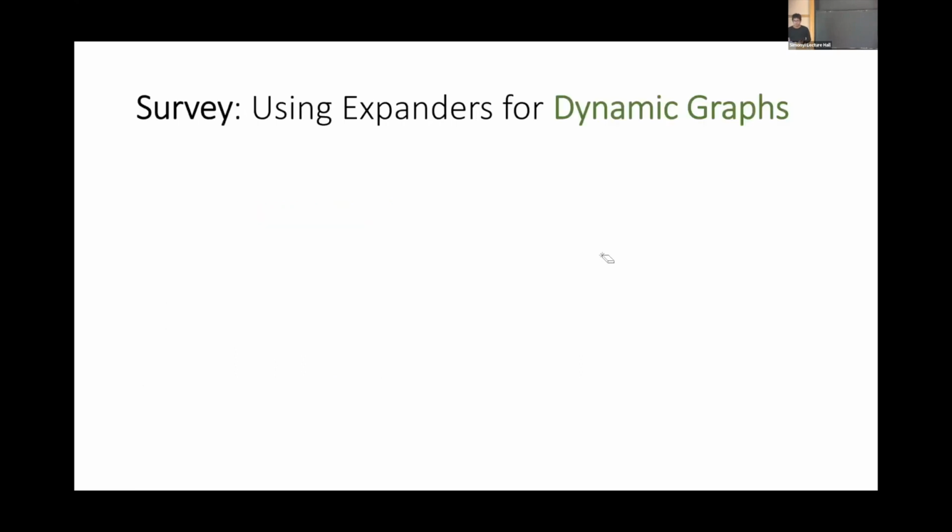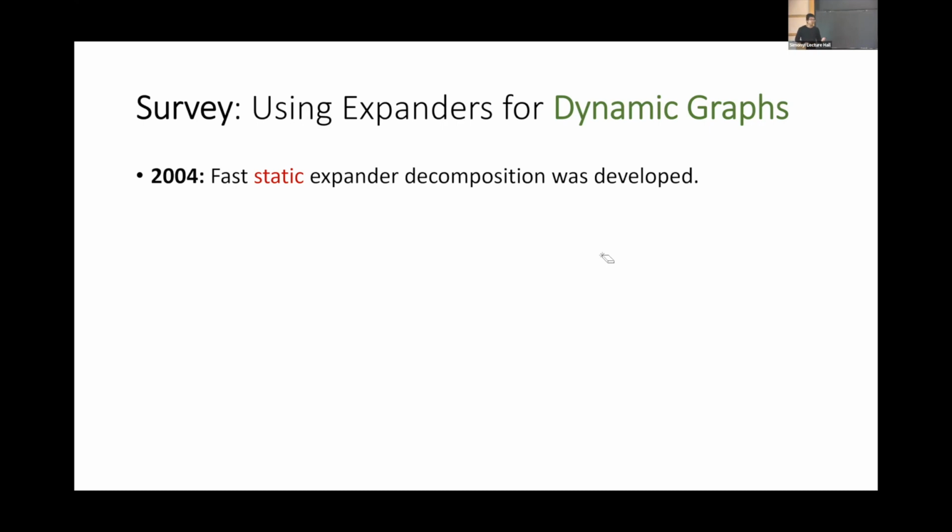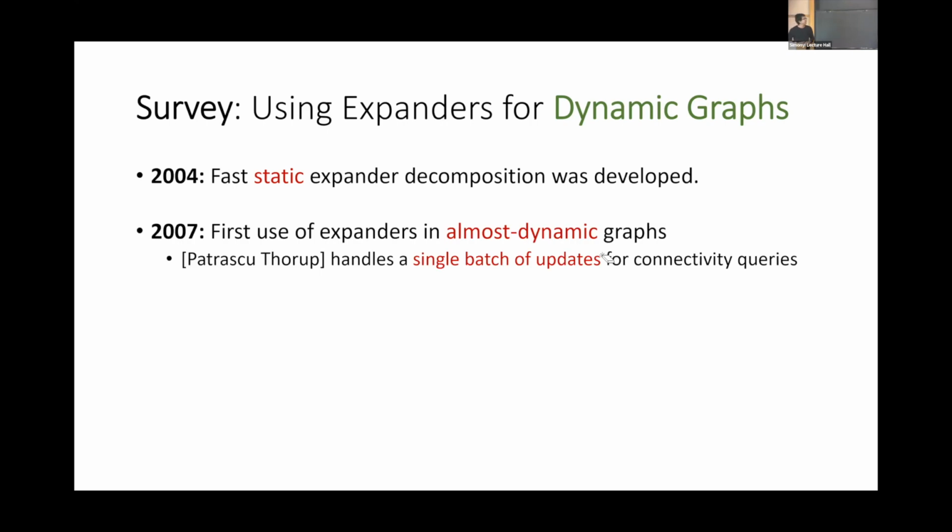And now it turns out that expanders are super useful in this area too. And you will see soon in part 2 what the high-level idea behind this is. But the history is something like this. 20 years ago, static expander decomposition was developed. Then 3 years after that, people started to realize that expanders are useful, but they didn't manage to use them in the dynamic setting.